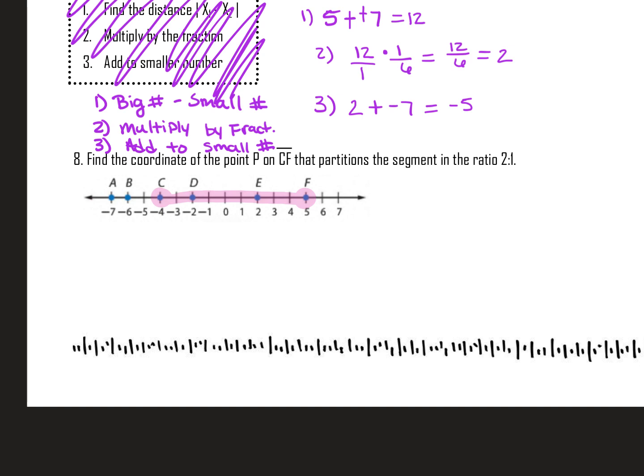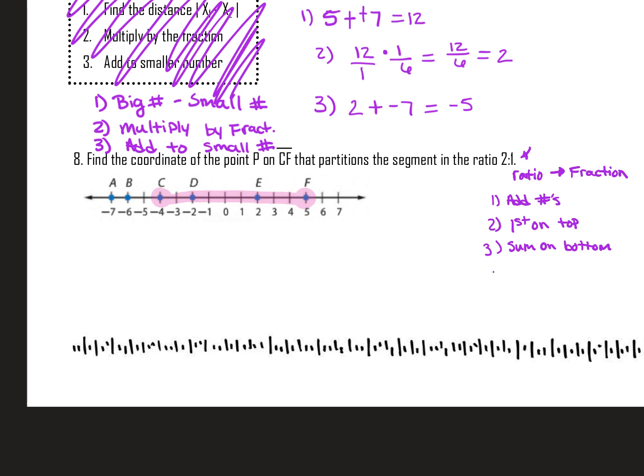And now we need to understand how to change this ratio to a fraction. So ratio to fraction, the easiest way to remember this, y'all, is to add numbers, and then first on top, sum on bottom.